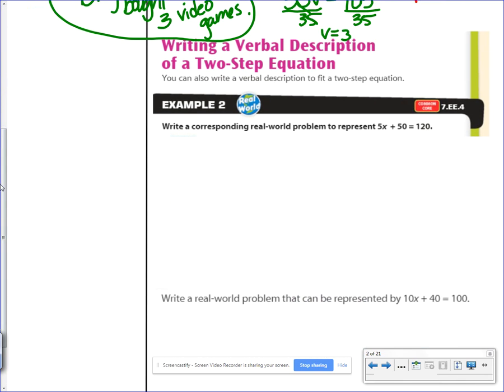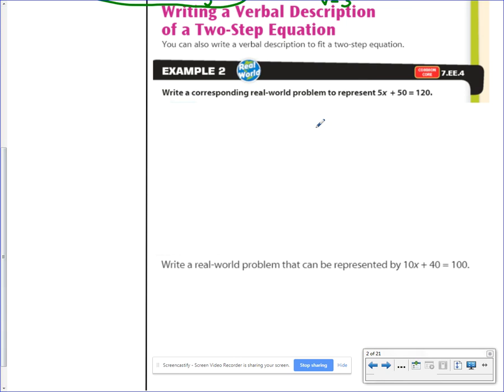Okay. Now we're kind of going backwards. Can you come up with a situation that fits this equation? Here's how I'm going to tell you how to tackle this. This 120 is somehow some kind of total. Whether it's money or a quantity of things. This 50 is basically kind of like your starting amount.